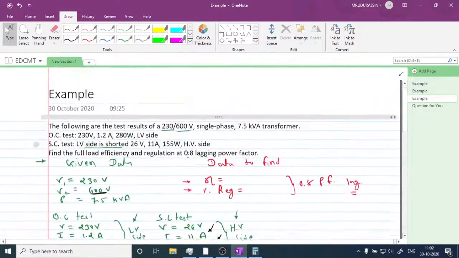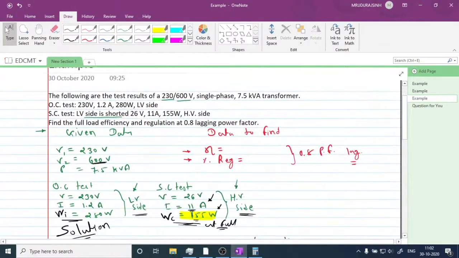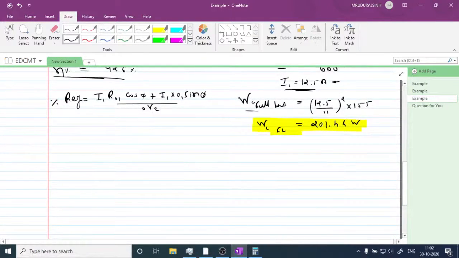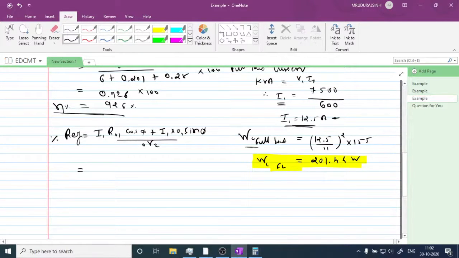Because copper loss corresponds to the secondary side. That is why we are going to take the voltage on the secondary side. So for that we need to calculate everything referred to the secondary side. So it's not R01, this will become R02 and this will become X02.